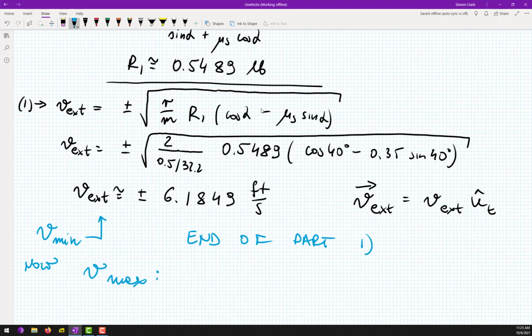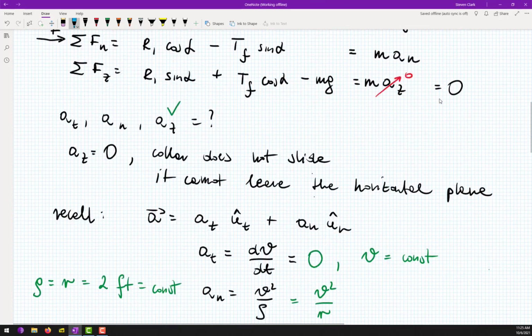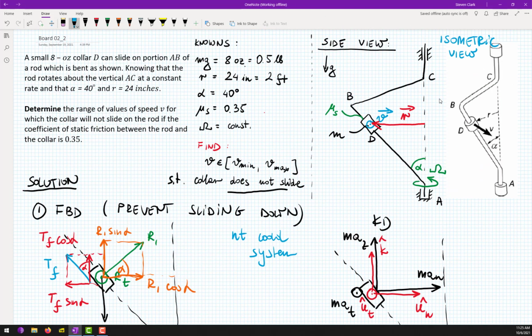Oh, that's a great question. Yeah, I forgot to say that. Because we prevent sliding down. If you look at that drawing, imagine what will happen if the velocity is 0. What will happen with the collar? It will slide down. Yes?